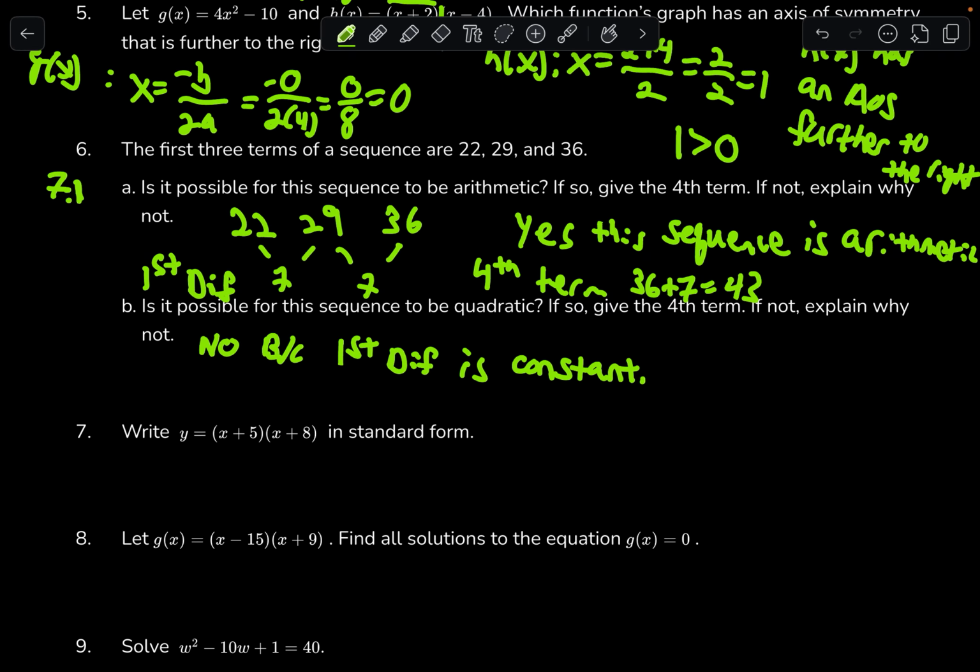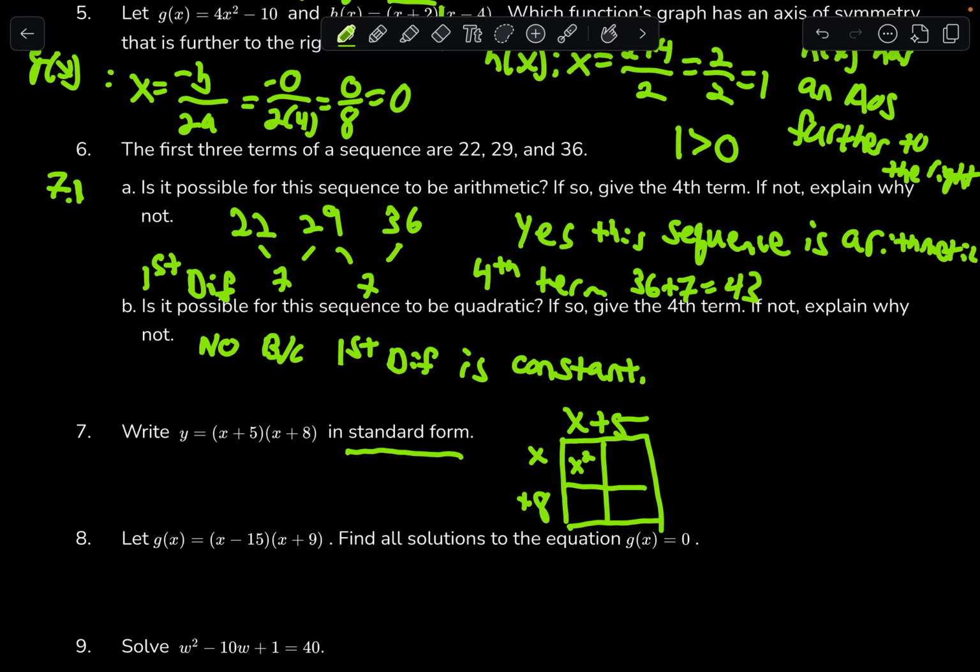All right, on number 7, it says write y equals x plus 5 times x plus 8 in standard form. That means multiply these out. And I showed you in class the best way to do this is to draw a little box where you write each factor, one across the top and one down the side. We have this, and you multiply.